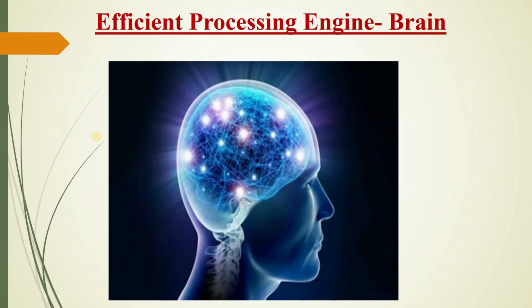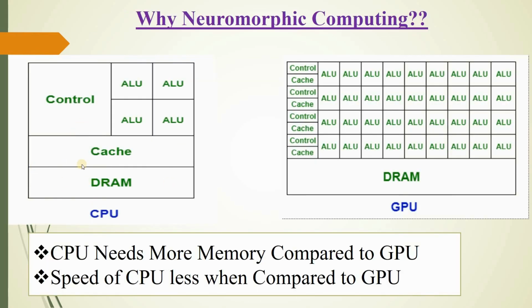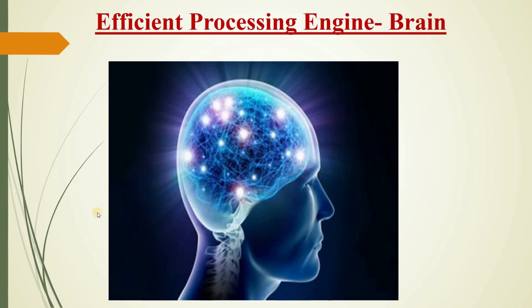So let's see what is the specialty of the neuromorphic computing architecture. It is a concept which works exactly like a human brain, the efficient processing engine. In our brain, the processing unit and memory unit are not two separate entities. Both the memory unit as well as the processing unit are co-located.